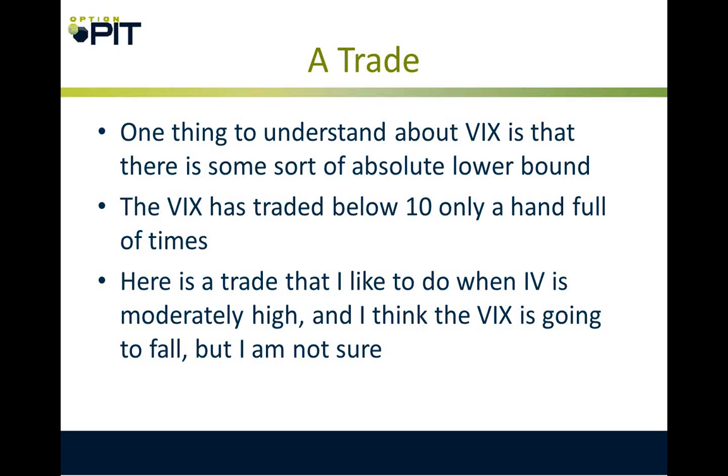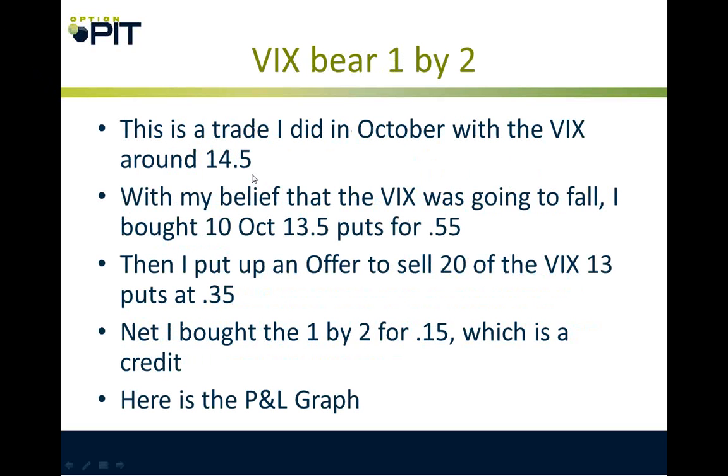So it can go high, but it really can't get that low. So that makes bear 1x2s start to look really interesting. So I did this trade in the October future, toward the end of September, when the VIX was around 14.5. And my belief was that the VIX was going to fall to between 13 and 13.5.